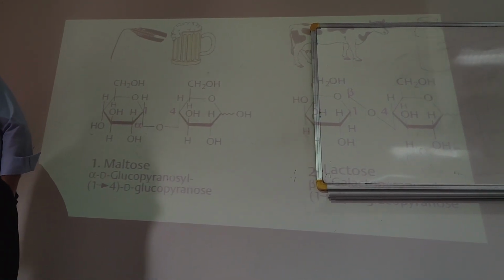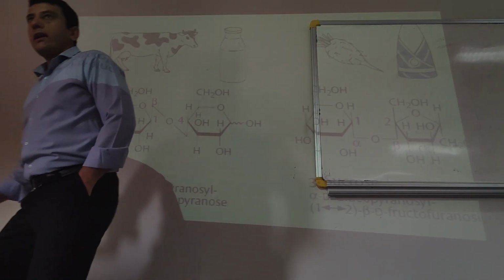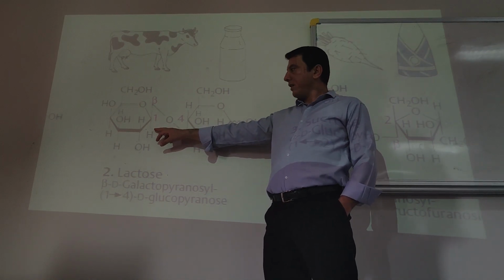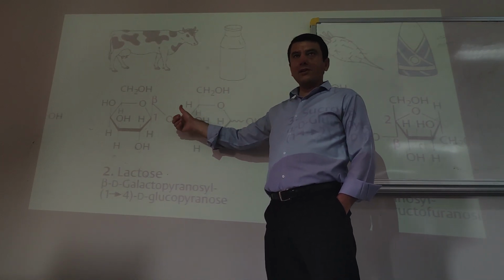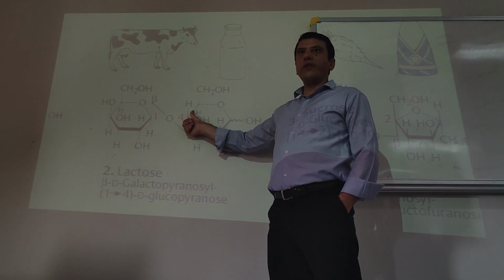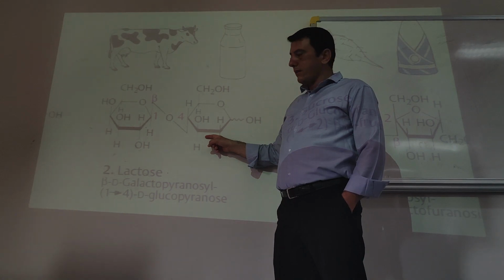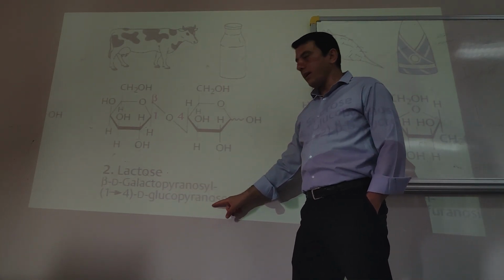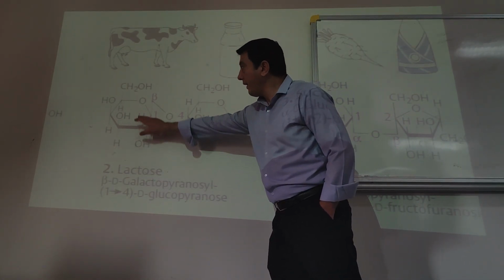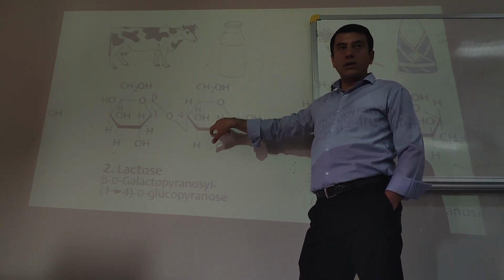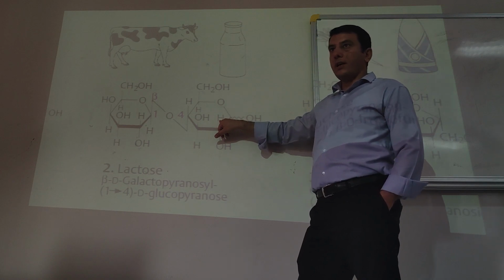The next one, in lactose, carbon number 1 is attached to carbon number 4 in a beta form. So we have beta 1 to 4. A galactose attached to a glucose.